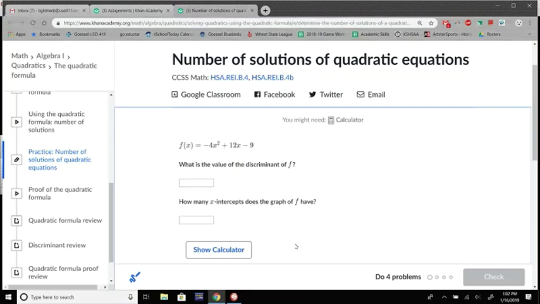If your discriminant's positive, you have 2 roots. If it's negative, you don't have any x-intercepts. You still have 2 roots, but they're complex. If it's 0, you have 1 and it only touches once. Negative is never touching.